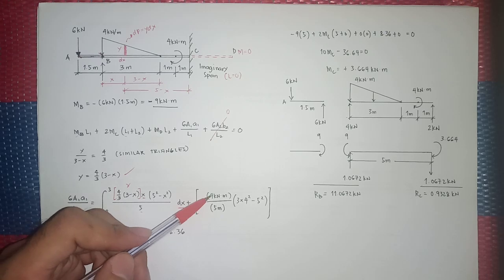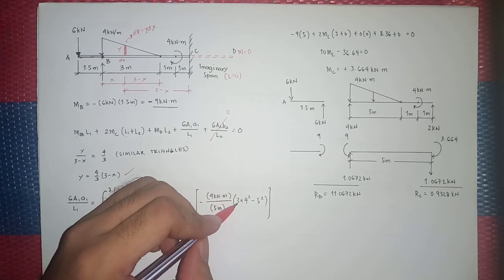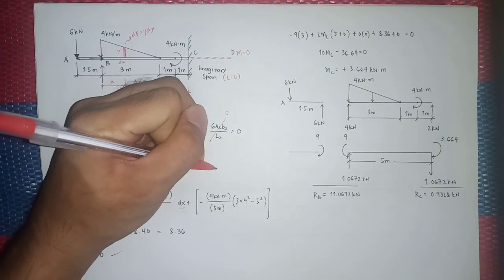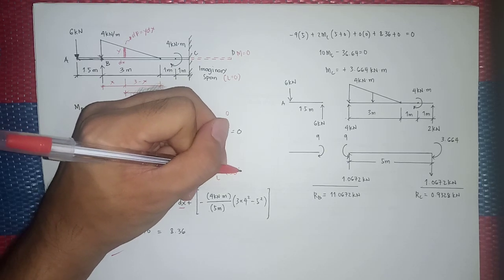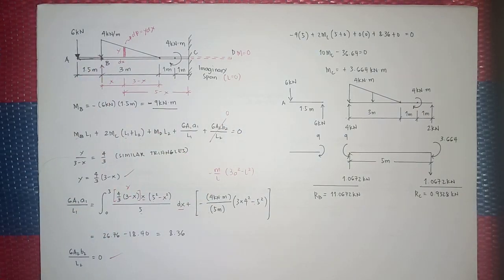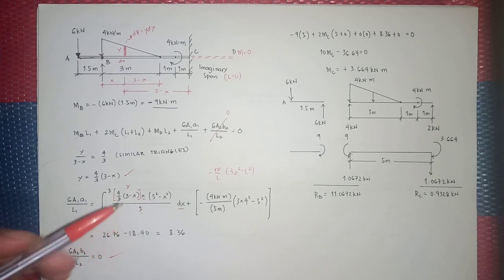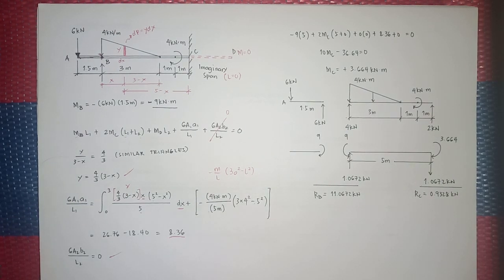So we have negative M over L times the quantity 3a square minus L square. Dyan po galing yan. Makukuha natin to as 26.76. Ito naman, negative 18.4.